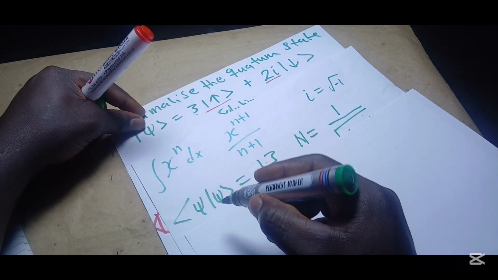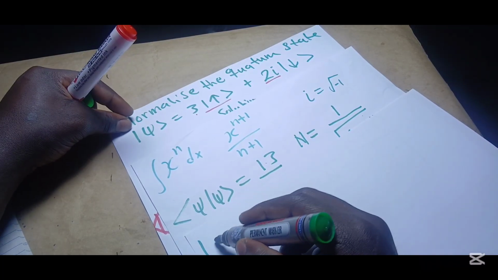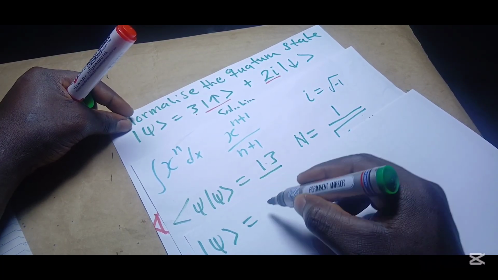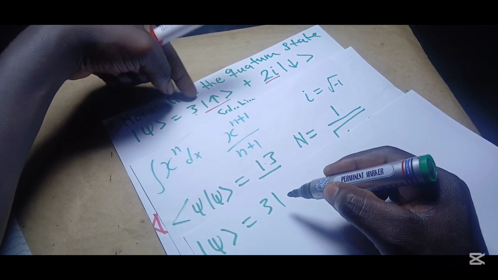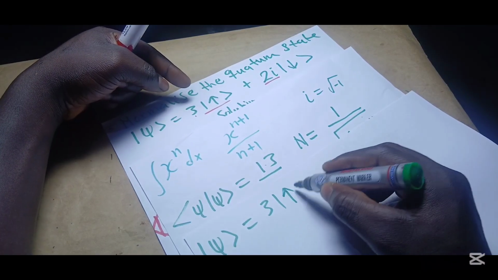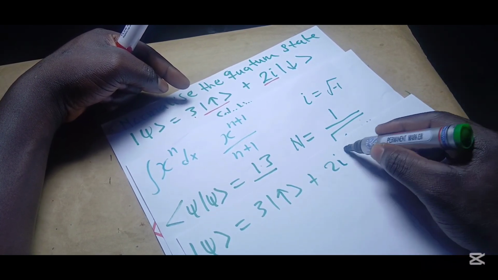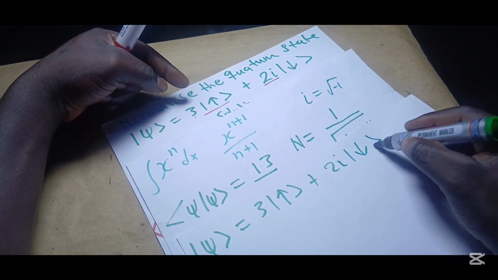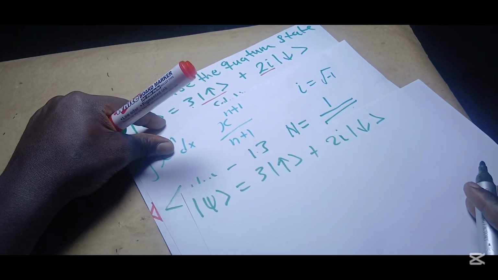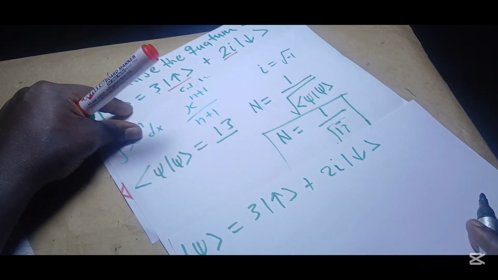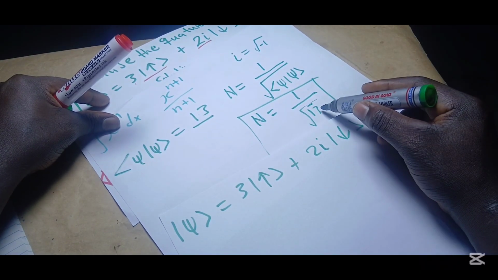The state given to us was psi equal 3 spin up plus 2i ket spin down. And we've gotten our normalization constant to be 1 over square root of 13.